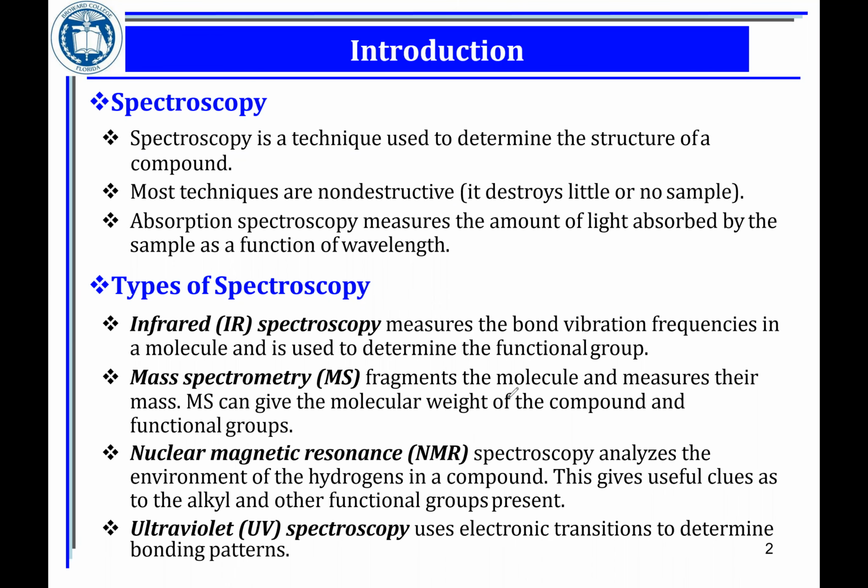Mass spectroscopy determines the molar mass of the molecule, as well as the fragmentation. What is the fragmentation? If you cut the molecule into pieces, it determines the mass for each fragment, which helps us determine a structural formula for an organic molecule.